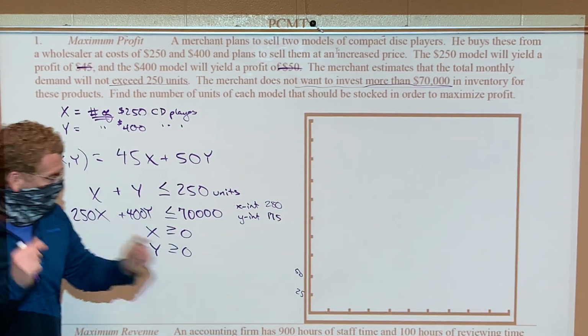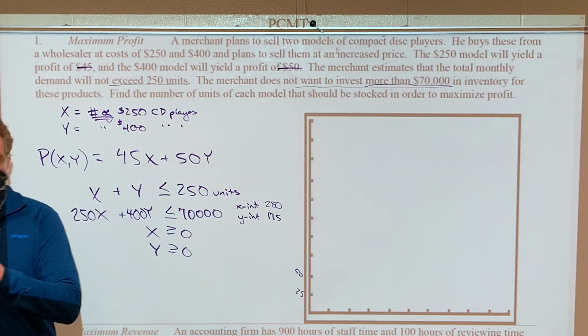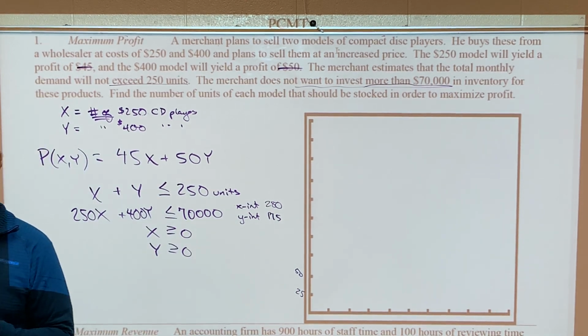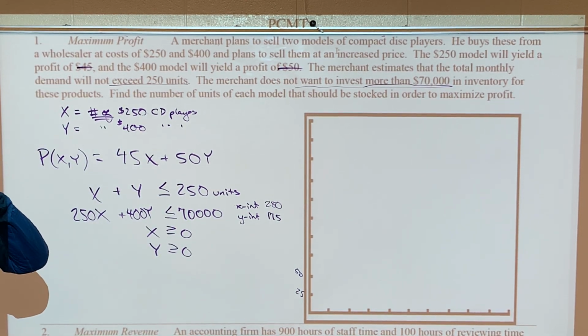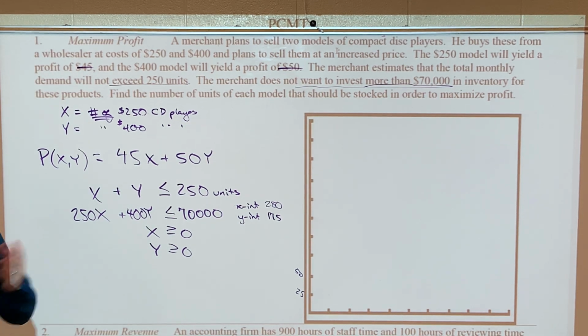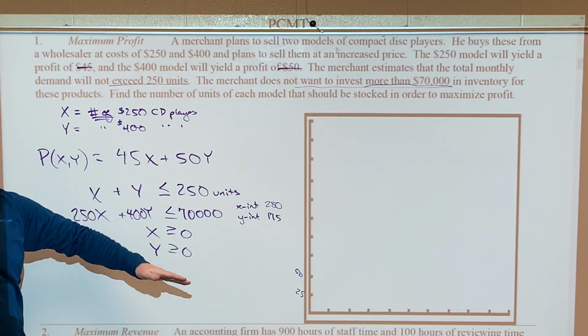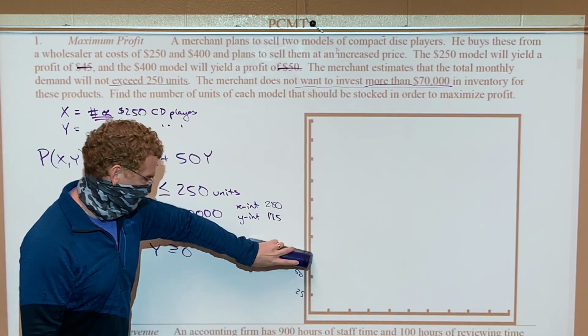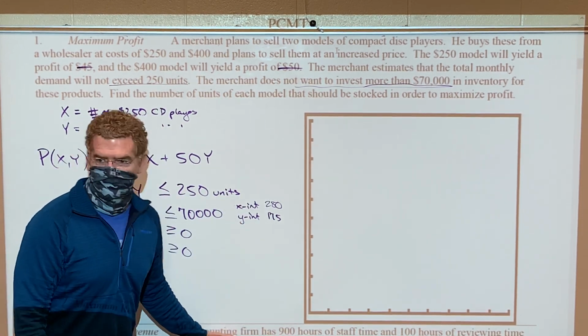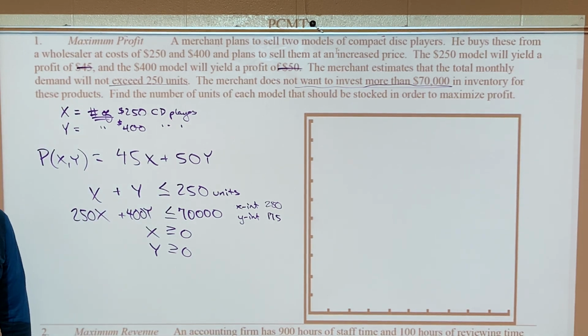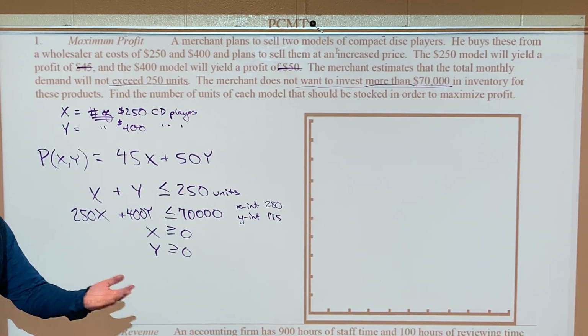So 25 here would be great. And you can do it any way you want. I'm a bigger fan of doing the same thing on both, but that's your call. I don't know why I'm a bigger fan, doesn't mean that makes sense. But what would be a good way to write these tick marks to make sure you could get 280 and 175 in there? You could go by 50s, 30s.